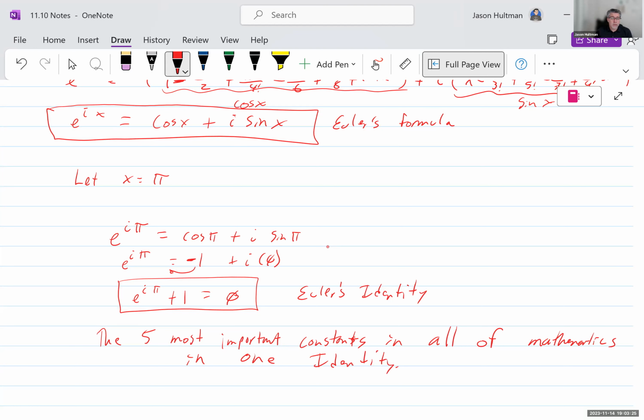It's e to the i pi plus 1 is equal to 0, which is kind of amazing when you think of it. I mean, what is i? i is the square root of -1.